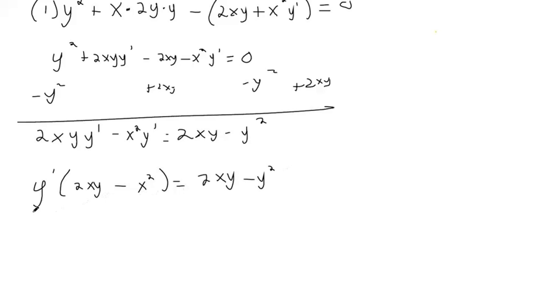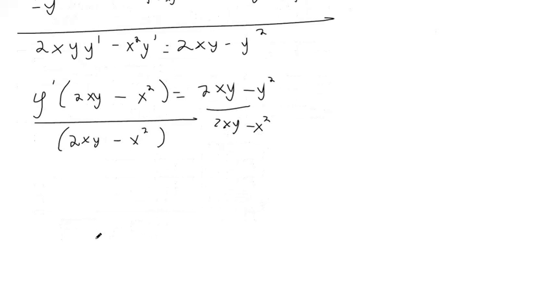And then to finish getting y prime by itself, I can divide both sides by 2xy minus x squared. So I've got y prime finally by itself. It's 2xy minus y squared over 2xy minus x squared.